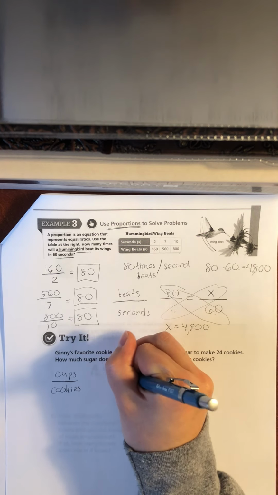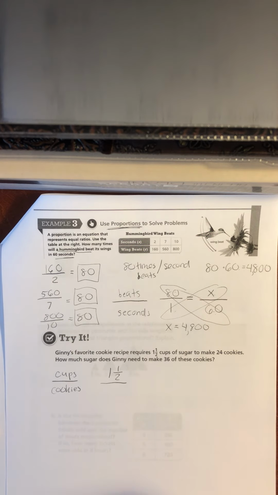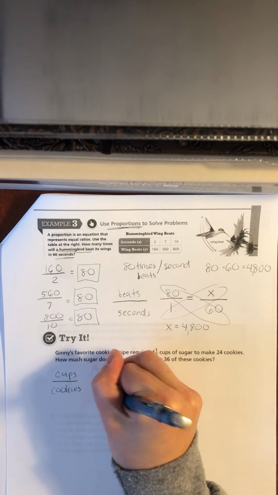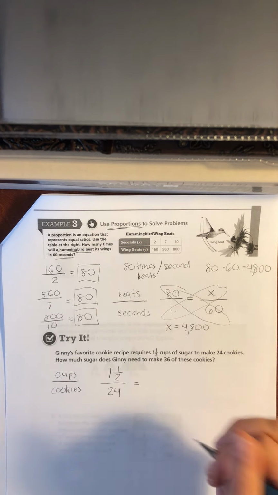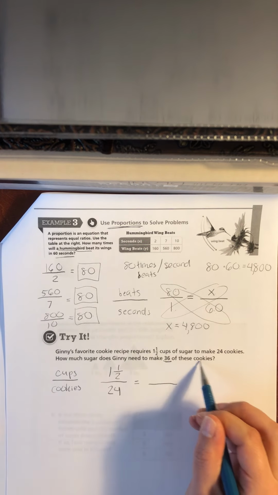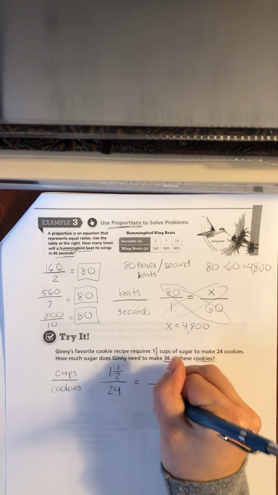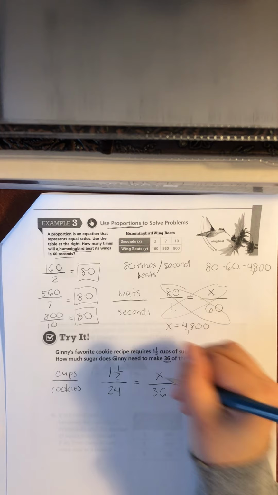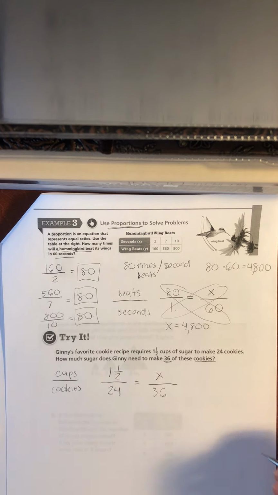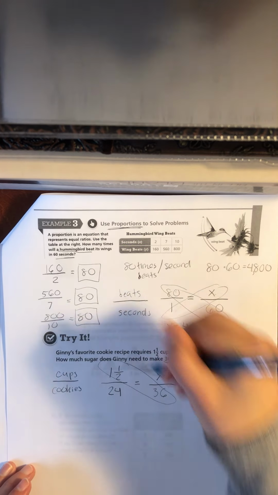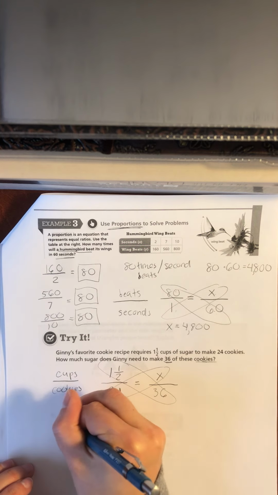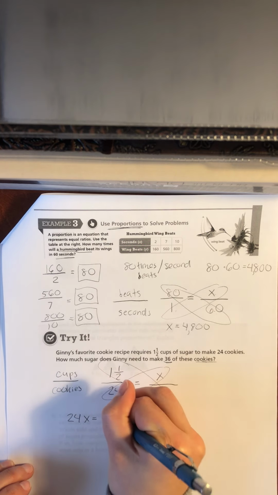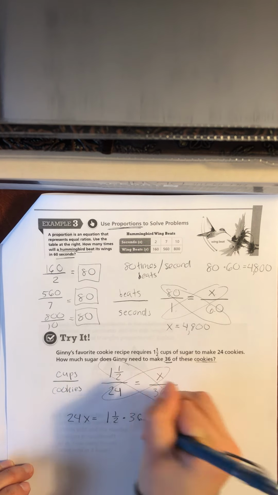So 1.5 cups over 24 cookies equals 36 cookies. So 36 goes on the bottom because the cookies go with the cookies. And then we're going to put an x up top here because we don't know what that is. Now we're going to do our cross products. So 24x equals 1.5 times 36.